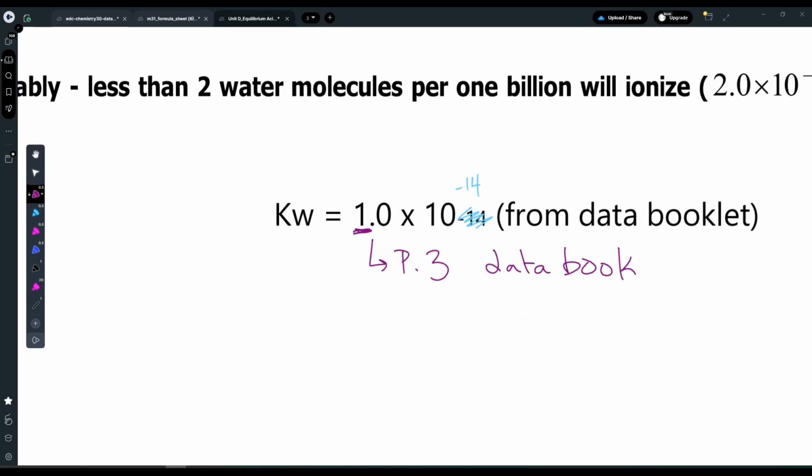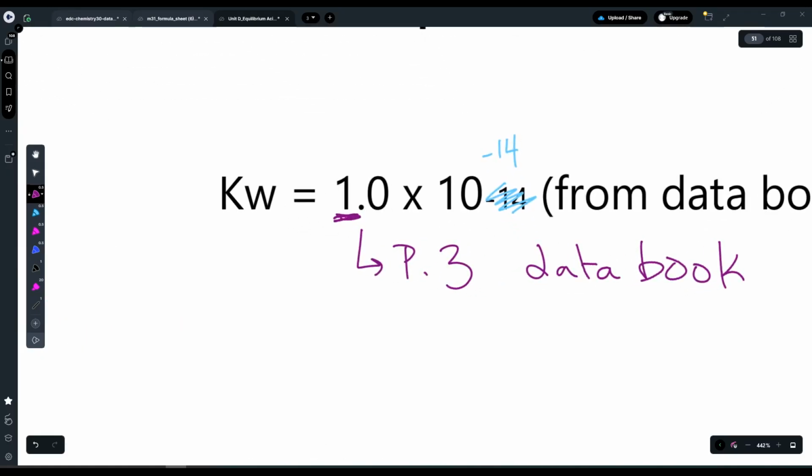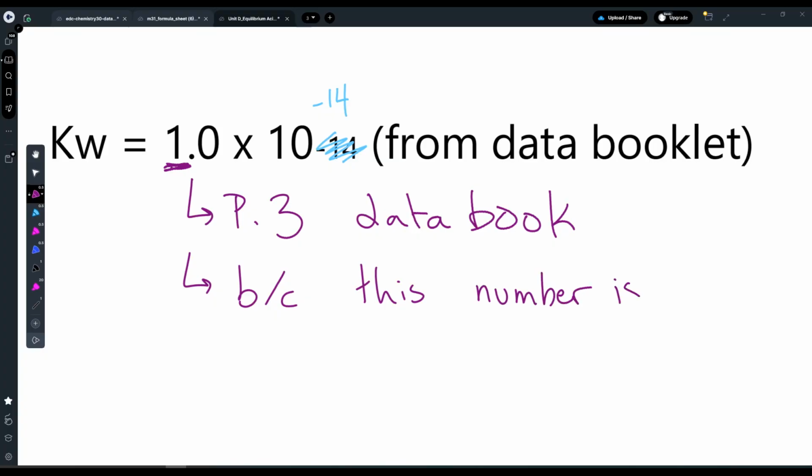And this small value for the equilibrium constant for the autoionization of water tells us that reactants are heavily favored, which is what this piece of information told us.